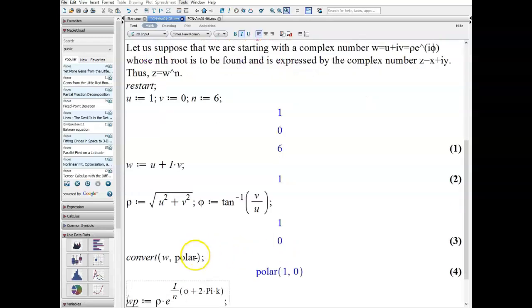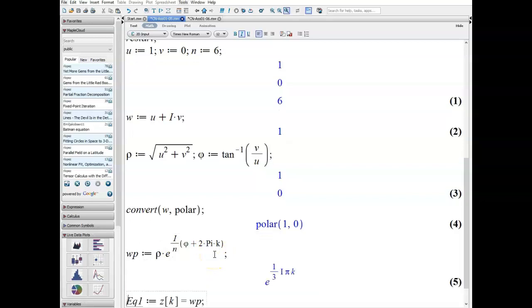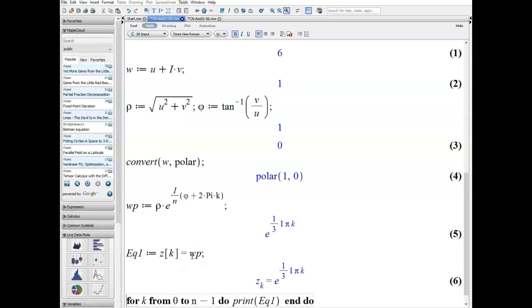You can straightaway use the command convert w into polar form, and according to the formula that we have derived in the PowerPoint presentation, the polar form of w is equal to rho into e to the power i times (phi upon n plus 2 pi k upon n), and then we can generate different roots of w, z in terms of k.